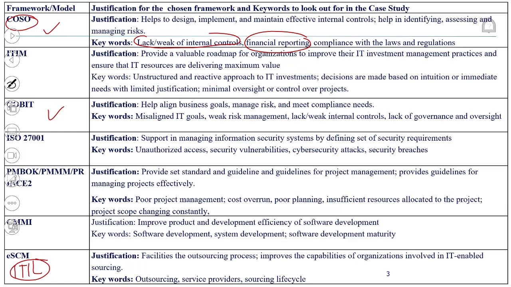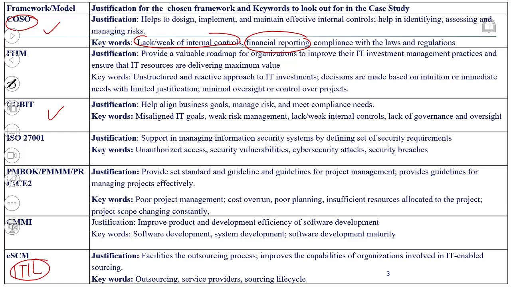But in terms of what to look for in COSO, things like weak internal controls, financial reporting, compliance with the laws and the regulations. If you see such a thing in a case study, and you're asked to identify or suggest a framework, then COSO could be one of the ones that you could suggest.